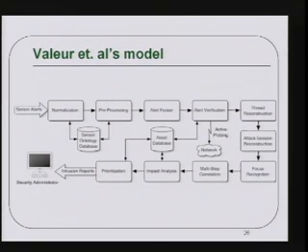Now, I don't have time to get into this, but this is a model that was developed at the University of California at Santa Barbara by some students of Professor Kemmerer, out of the event correlation research that they were doing. And what they're saying is that you have to do things like normalization and pre-processing to filter out bad data. You have to fuse alerts so that you don't send a separate alert for each related event.